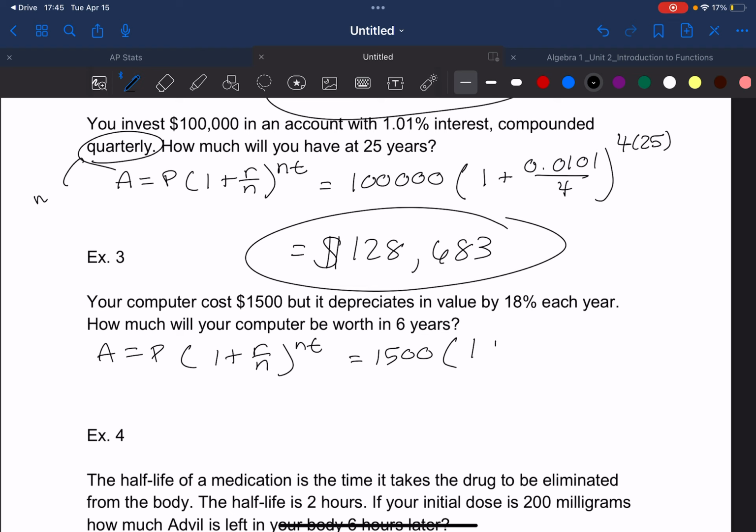So this is going to be 1 plus negative 0.18. And then each year, so that's the number of times it depreciates, so 1, to the power of 1 times 6, the total amount of years. So you would plug that into your calculator and you would get $456.01.